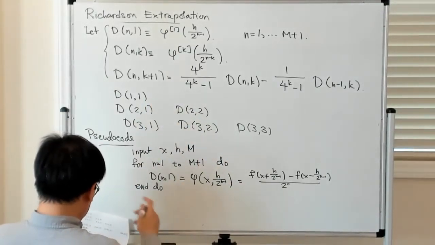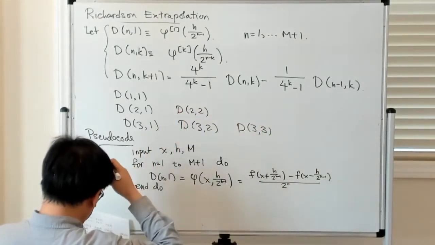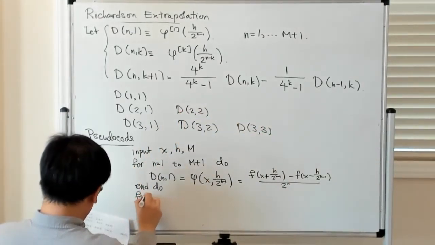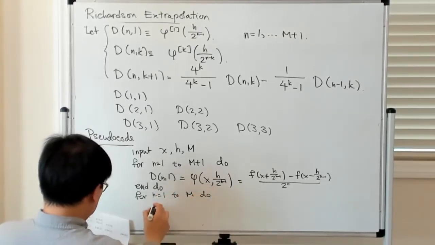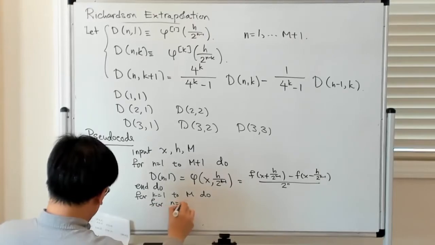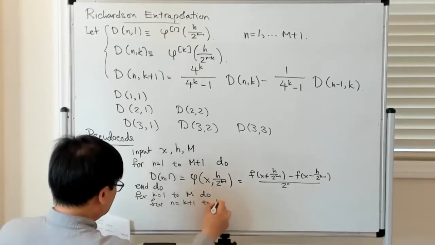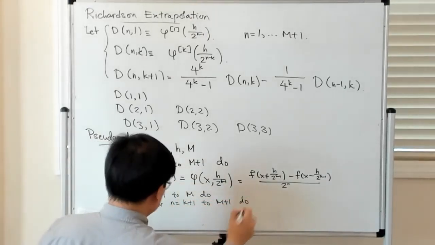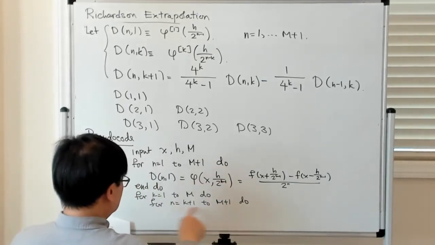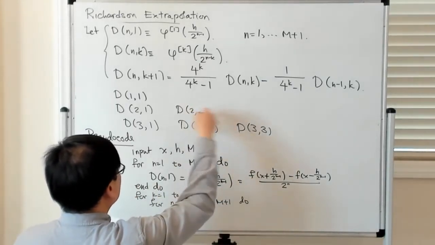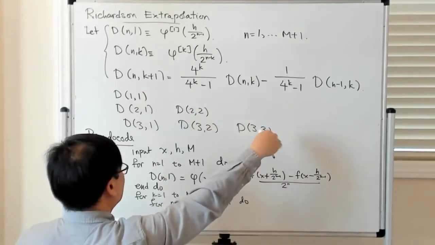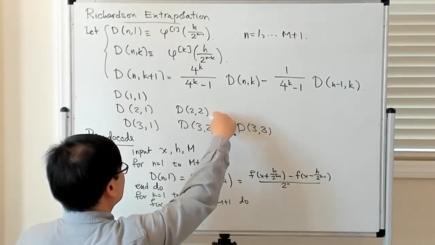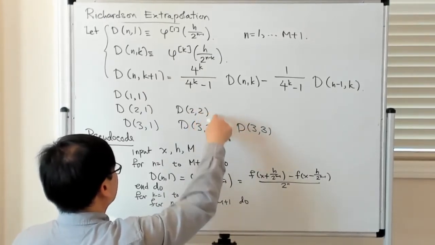Then you go through to fill in the columns. So for k equals 1 to m, you do the following. For n equals k plus 1 to m plus 1, you do this. This second index has to do with the fact that as you go through each column, the matrix is lower triangular, so the starting entries go further down.